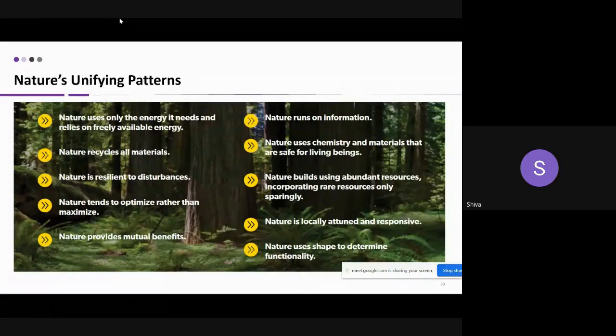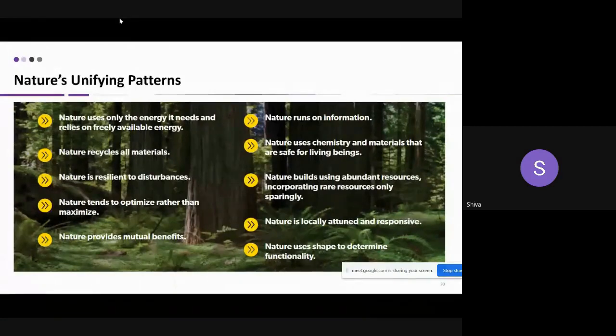Second principle of nature: nature recycles all materials. So this is what I said is the opportunity for entrepreneurship, because now if you can look at the products around us and say, can I take the second principle of nature and apply it to that product? Can I make a recyclable product? Nature is resilient to disturbances. Each of these is a long story, with a lot of examples behind it.